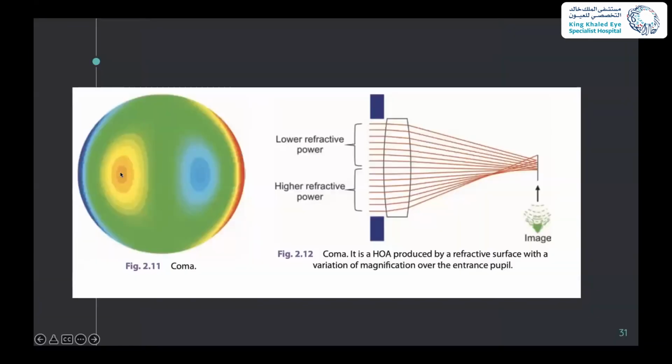This is exactly similar to the previous topography. This is a flatter area than this area. If we take a cross section and look at it at the pupil level, this part has a lower refractive power, and this has a higher refractive power. The result of this disparity will be here at this point.